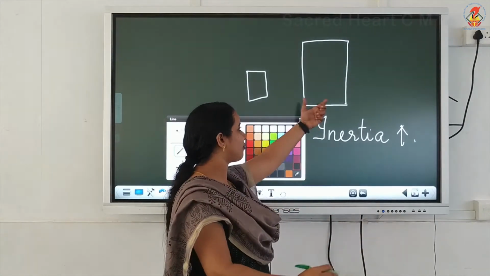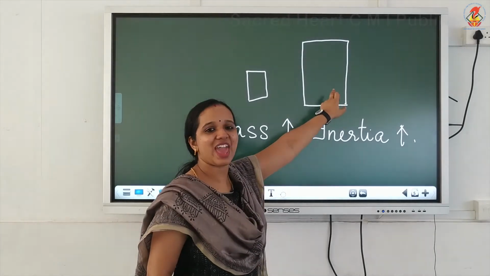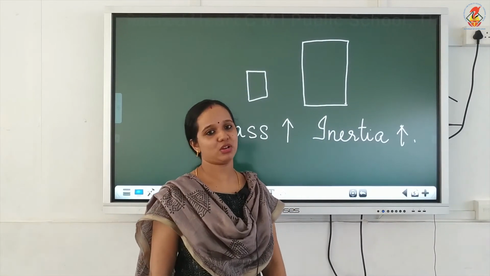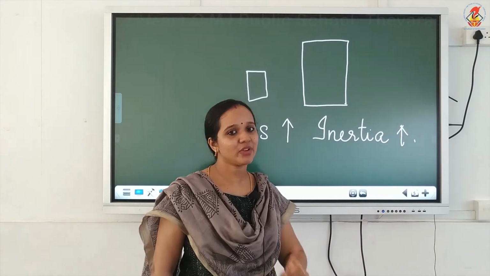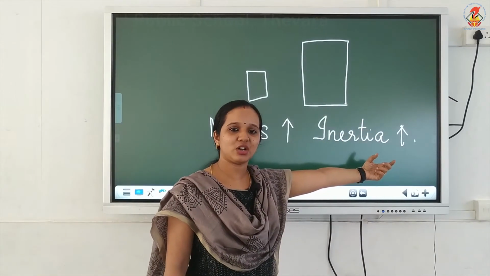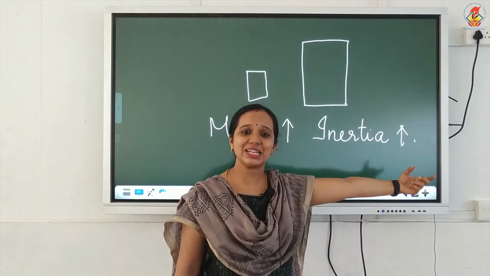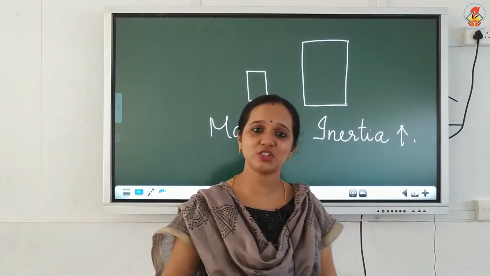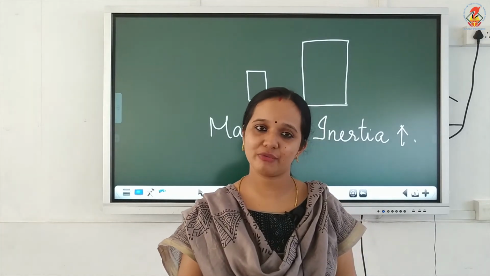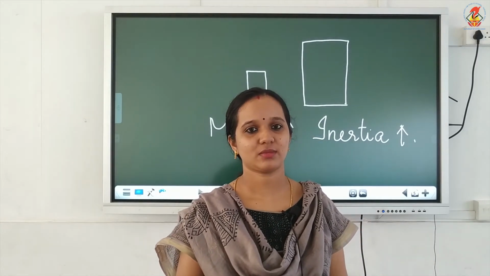That is why it is difficult to move a heavier block compared to a tiny block. So, mass is a measure of inertia. As mass increases, inertia also increases, or the tendency to resist any change will be more for a heavier object.